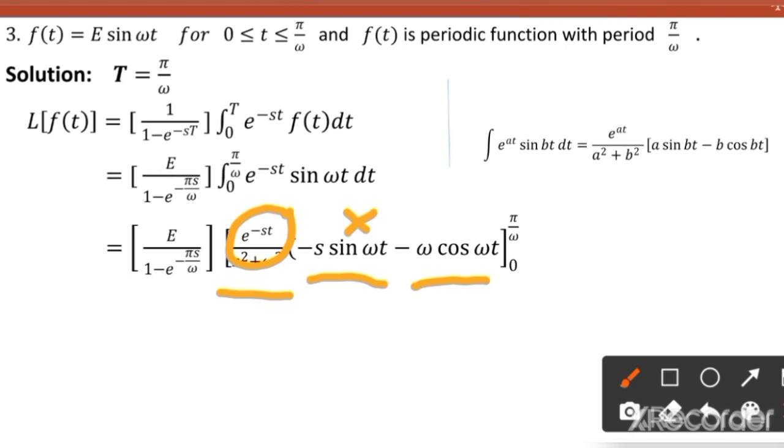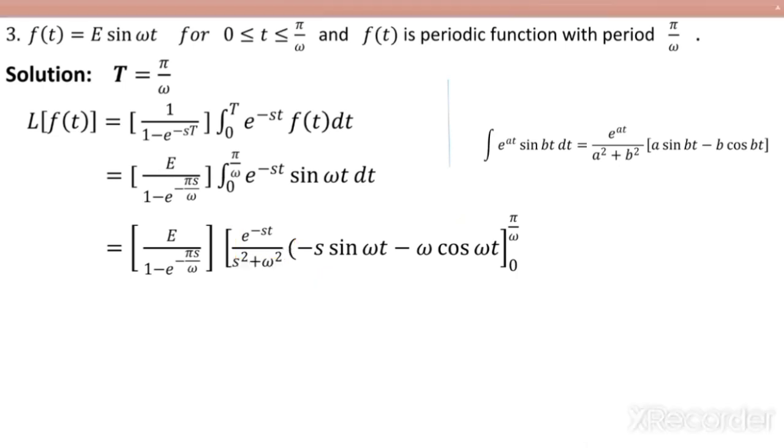So I can take only the cos omega t term. What is the answer? If I apply the limit pi by omega, cos omega into pi by omega, cos pi is minus 1, so outside e power minus pi s by omega. Similarly when we apply the lower limit, it is cos 0, which is 1, and outside we have exponential 0, which is also 1.